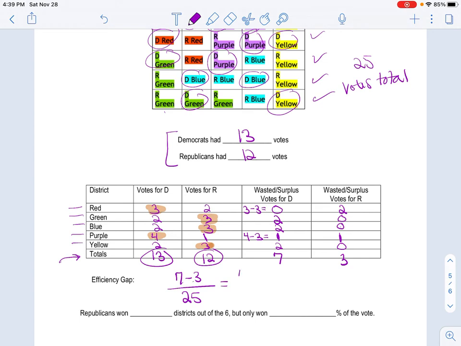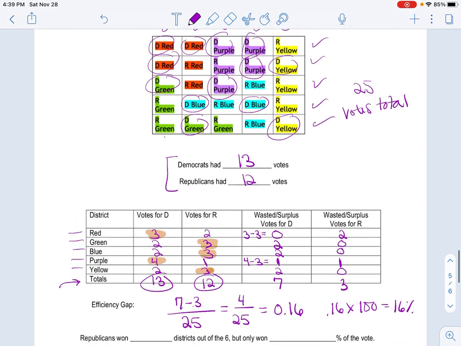So 7 minus 3 is 4. If I do 4 divided by 25 in my calculator, I get 0.16. My Open Math will say multiply this by 100, so essentially putting it into percentage form. So 16% is the efficiency gap.